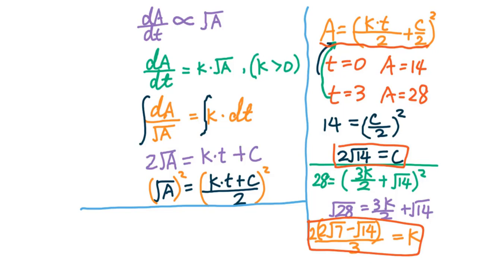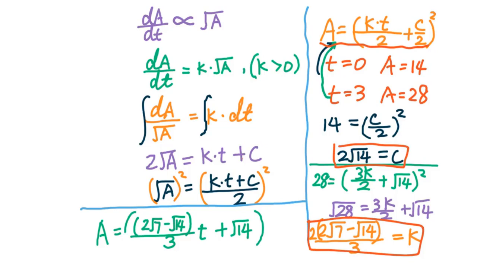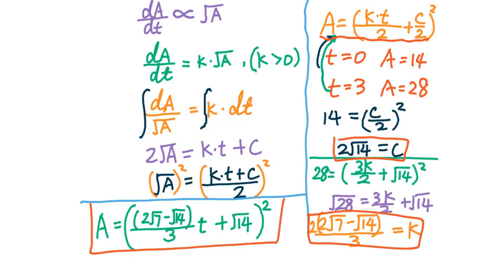You will get A equals ((2 square root of 7 minus square root of 14) over 3 times t, plus 2 square root of 14 divided by 2, which is square root of 14), then this squared. This is the function we are looking for.